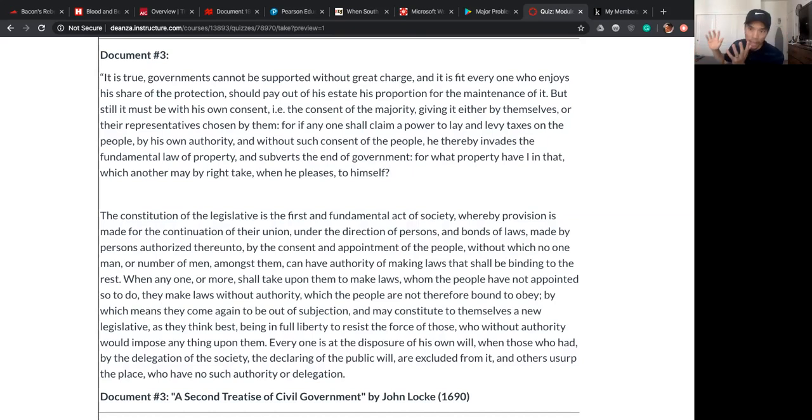Here are its responsibilities, okay? And when a government doesn't fulfill its end of the bargain and protect its subjects and their rights, if you will, then the people themselves have the ability, or have the right. Well, I will let you read it.